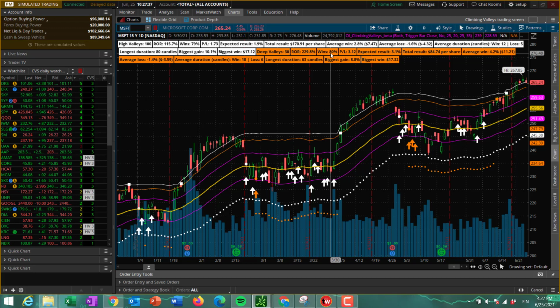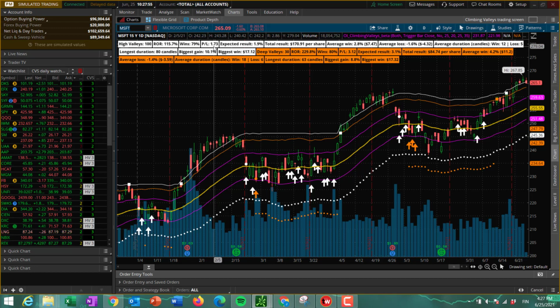But 80% of the time Microsoft deep valleys win, 3 times larger wins than losses. Well, Dow Jones was 7 times bigger, so that's much better, but this is still good. A 79% win rate on high valleys, 1.7 times bigger wins than losses.